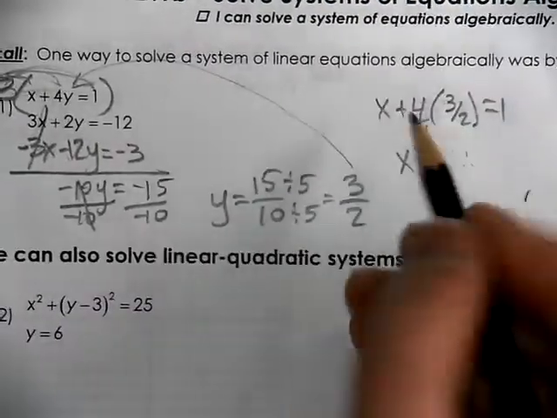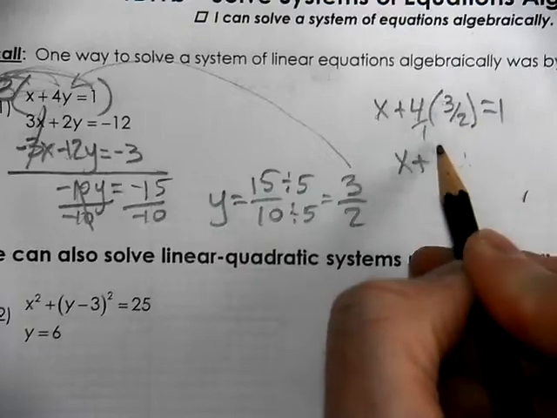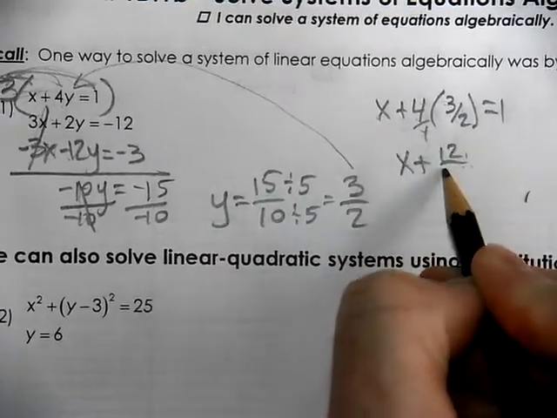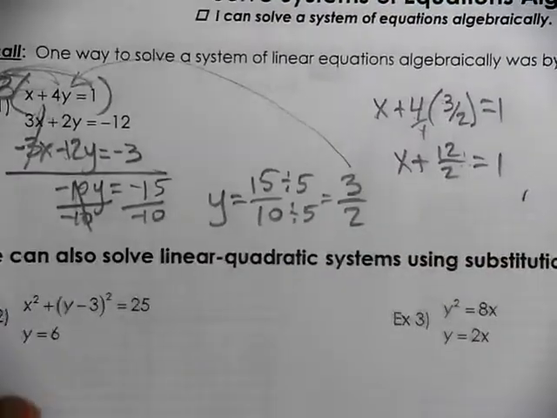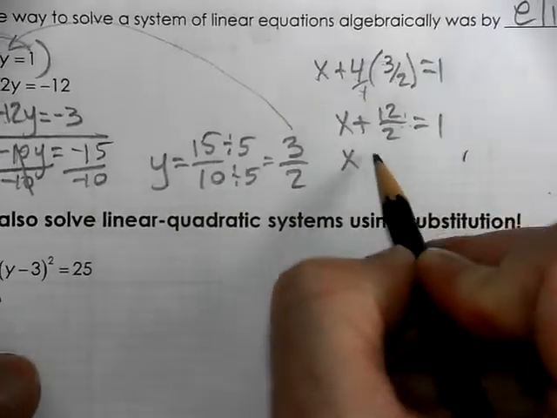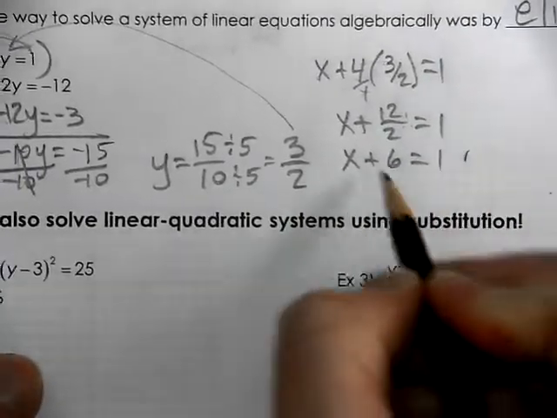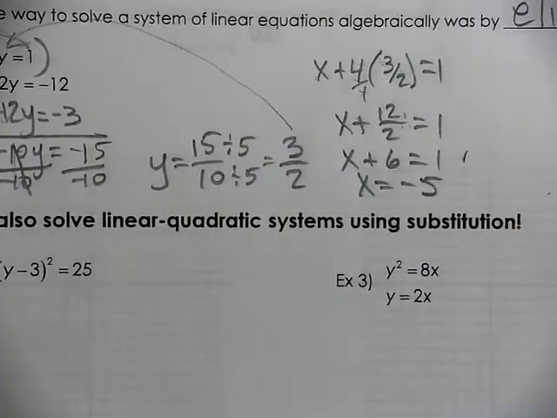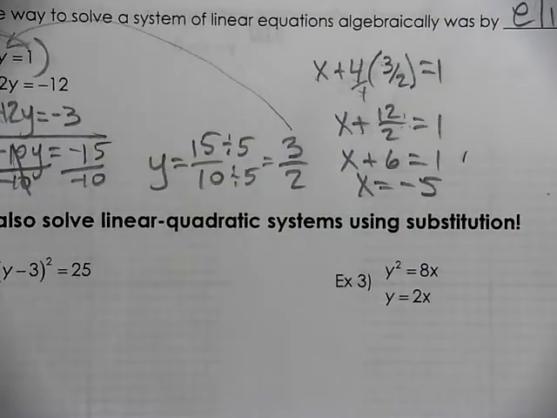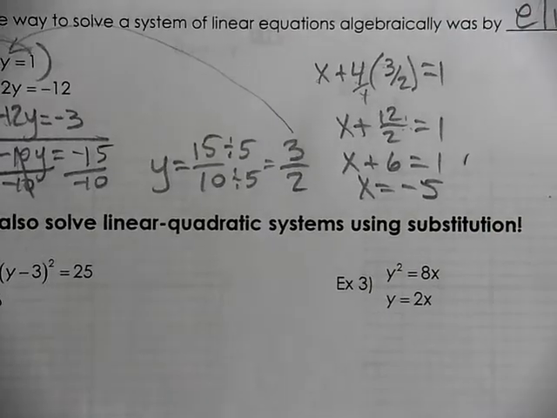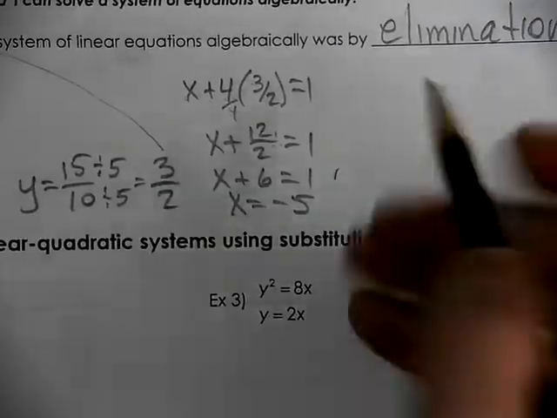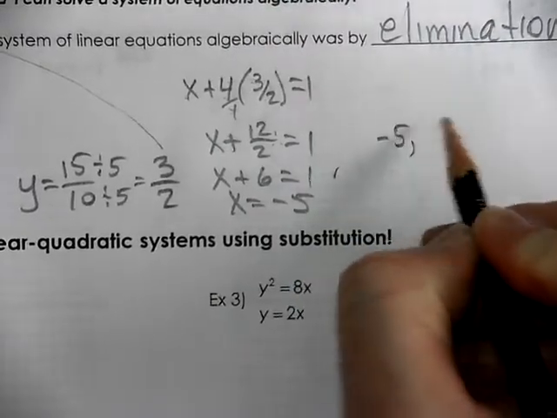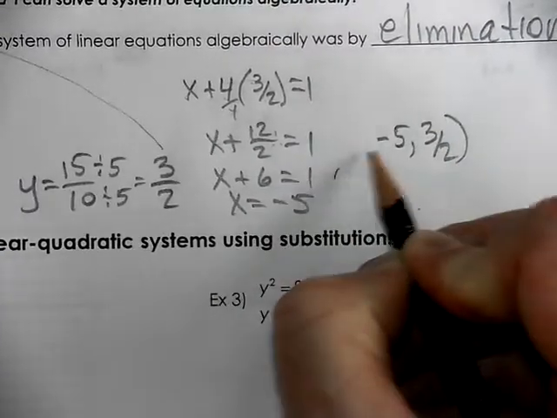It's not equals, but it's plus. x plus 12 over 2, which is actually 6. And you subtract it over to get -5. 1 minus 6 is -5. So my solution where these two graphs are going to cross is at -5, 3 halves.